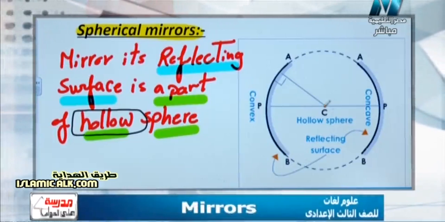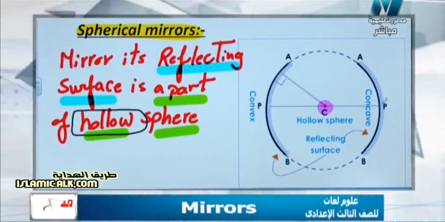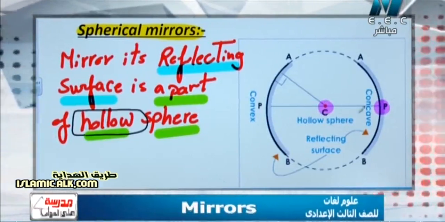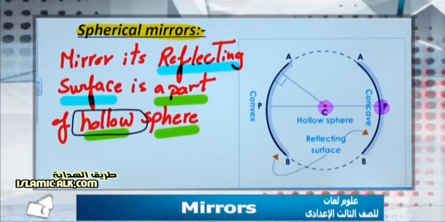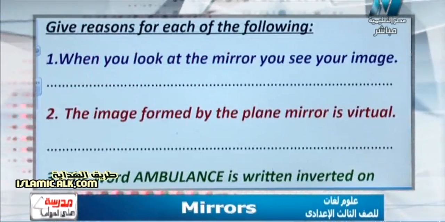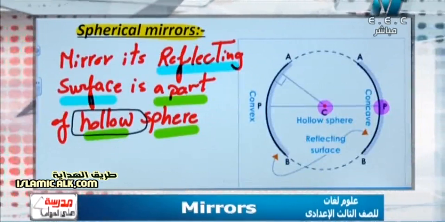We have C, we have P, as you see. But before we talk about C and P, we should know we have two types of spherical mirrors, as we have here. If we draw it like this, for example with a protractor, as we have for example like that.